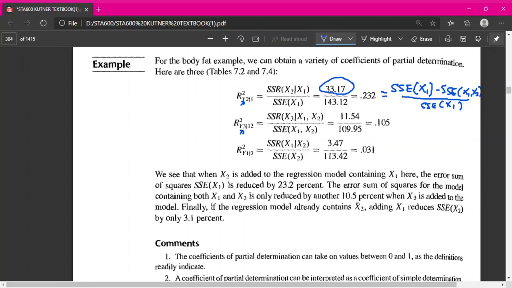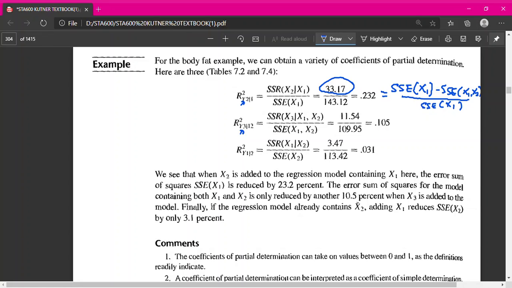Okay, yang kedua pula, the error sum of square for the model containing x1 and x2 is only reduced by another 10.5% when x3 is added to the model. Okay, yang ketiga pula, if the regression model already contain x2, adding x1 will reduce the SSE for x2 by 3.1%. So, ini adalah contoh-contoh macam mana you nak interpret the coefficient of partial determination.